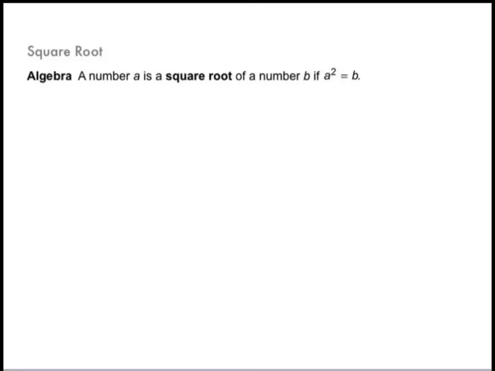It's defined as a number A is a square root of a number B if A squared is equal to B. Now what that means is, let's say we have 3 squared equals B, but we know B is just 9.